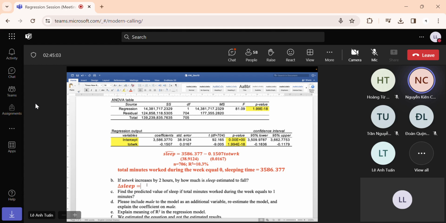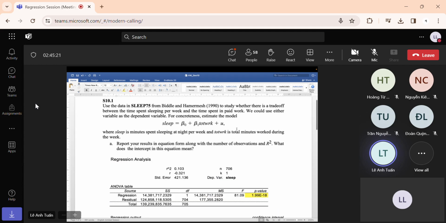Is it right? No, because here we want to see the total work increased by 2 hours, which means 120 minutes, because our unit for total work is minutes.